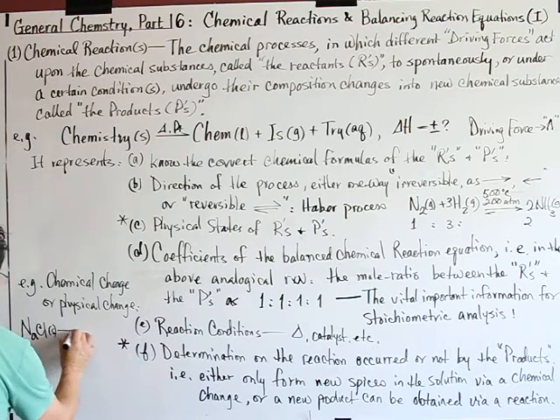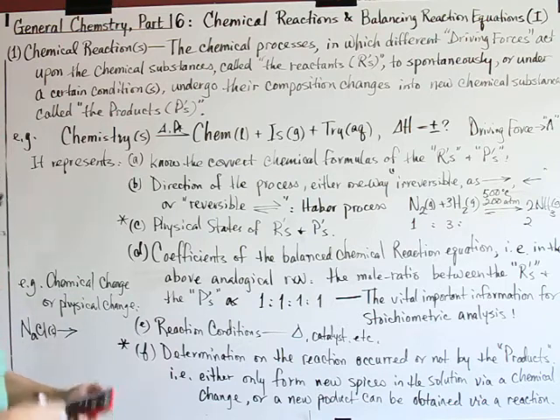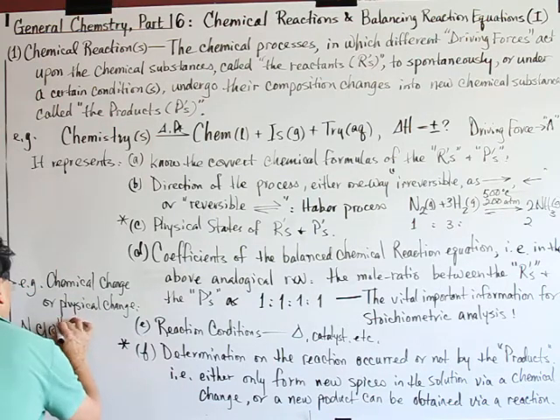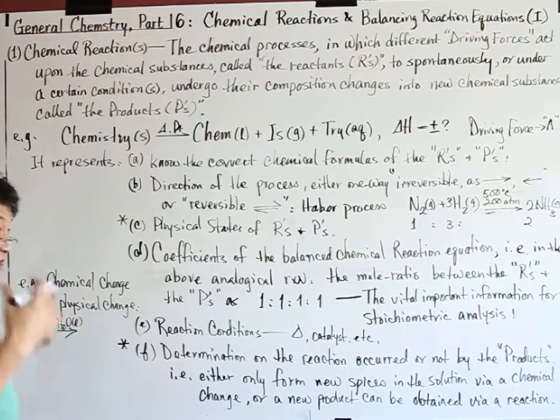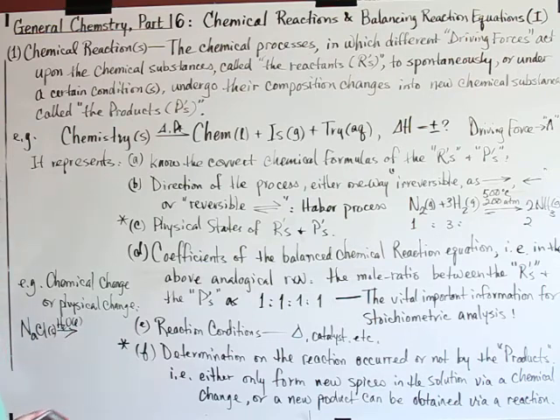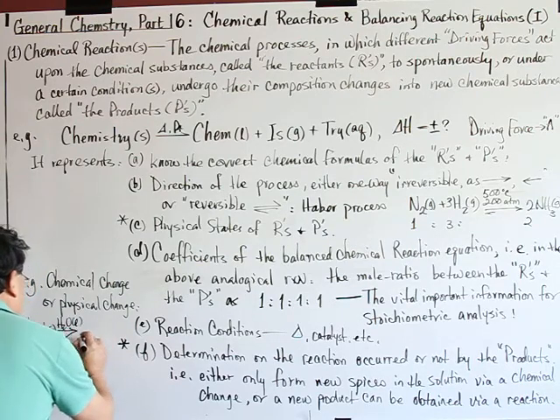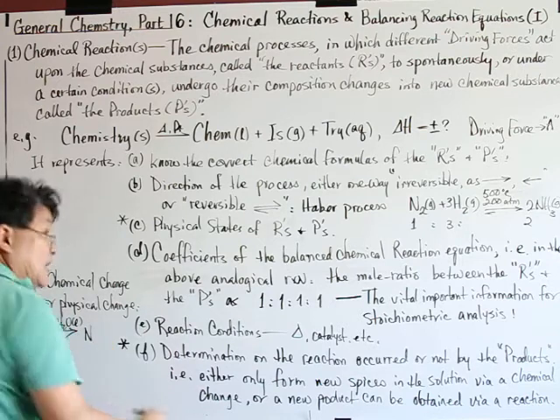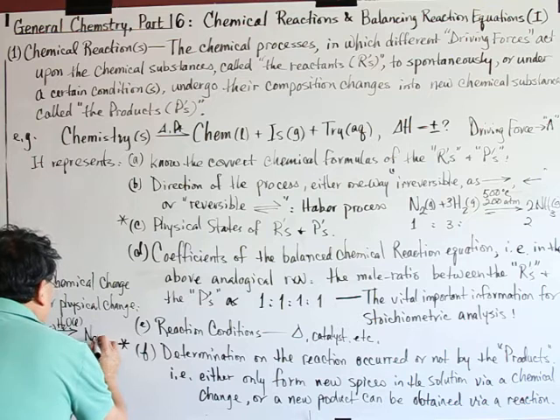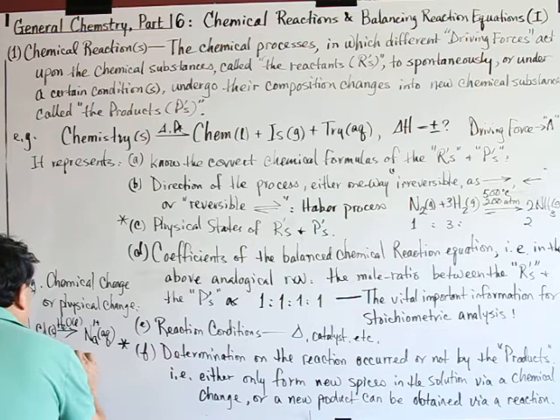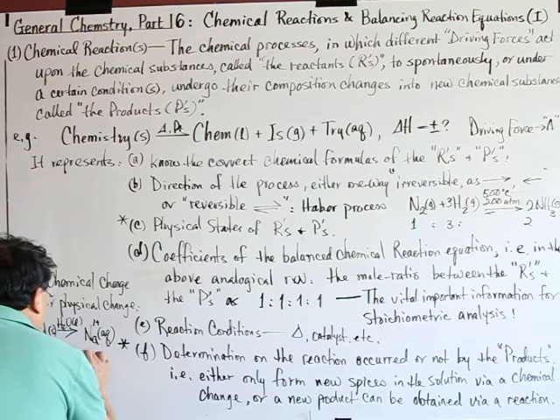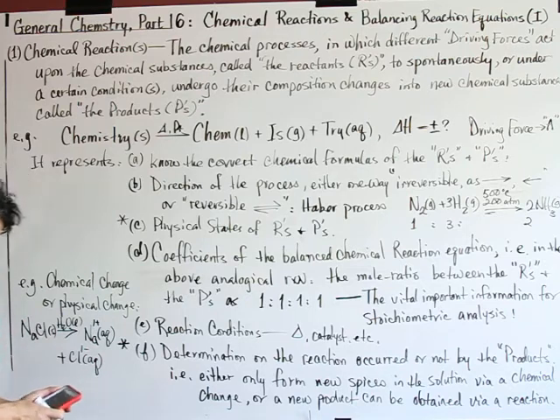The water is not considered one of the reactants, but it's the water. You dissolve the salt into the water and it becomes saline solution. So H2O here, liquid. When the table salt dissolves in the water, it dissociates. It becomes ionized: Na+ aqueous and Cl- aqueous. Now this is a process we call chemical change.